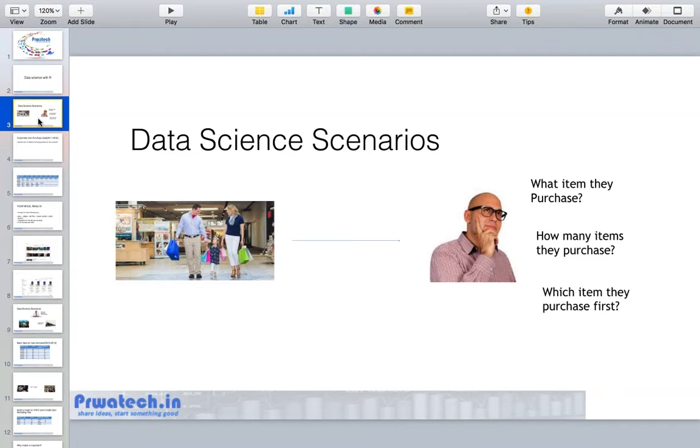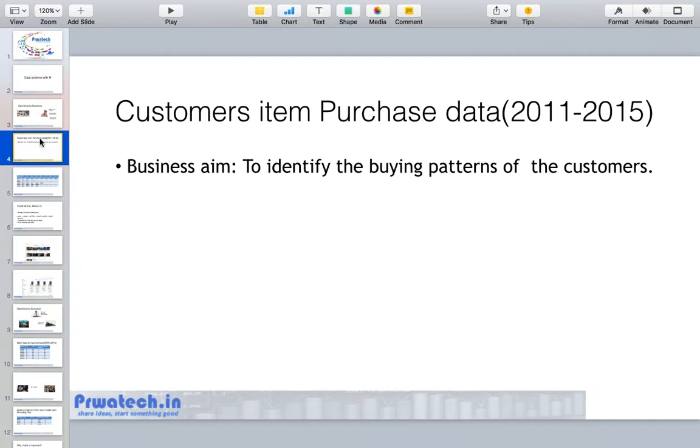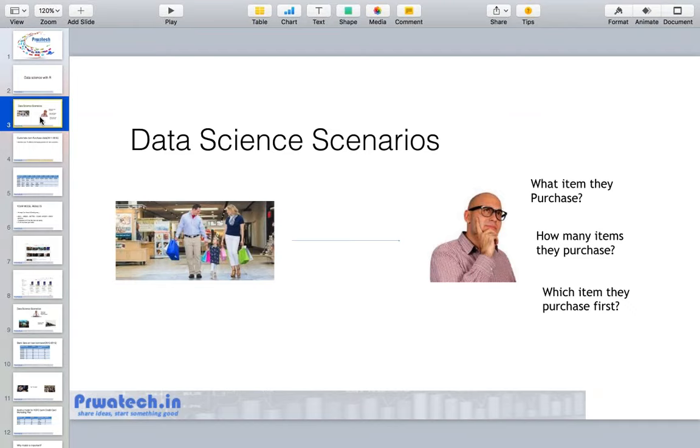Look at this data science scenario. Maybe you can guess. Some people are coming outside from a shopping mall, and you guess what items they purchase, how many items they purchase, and which item they purchase first.